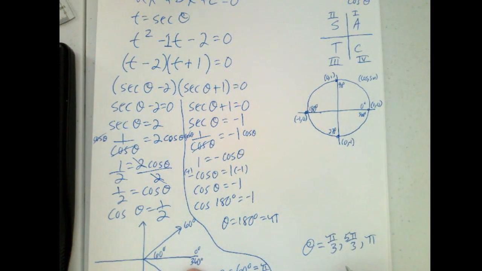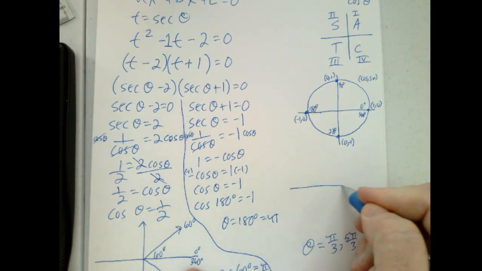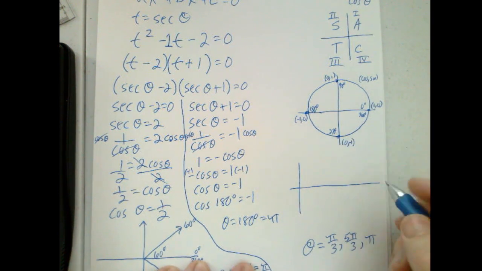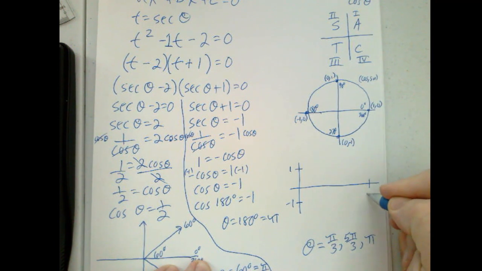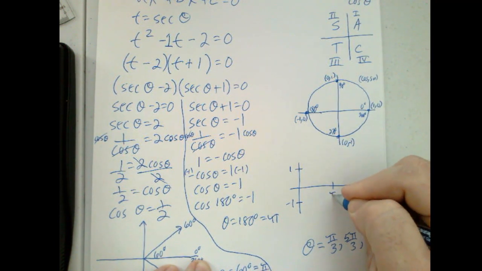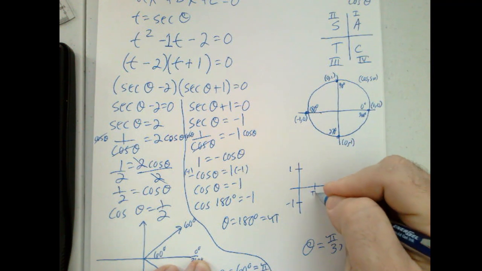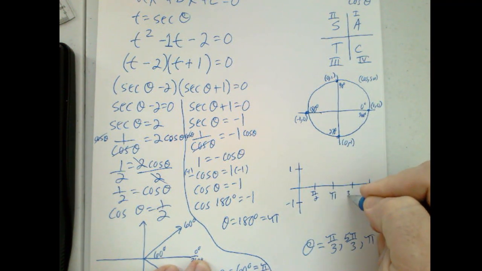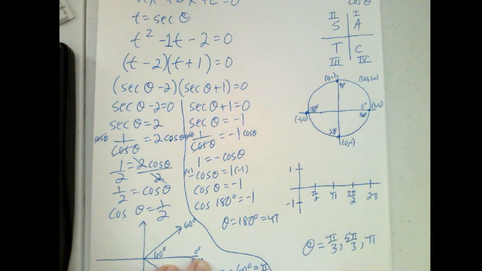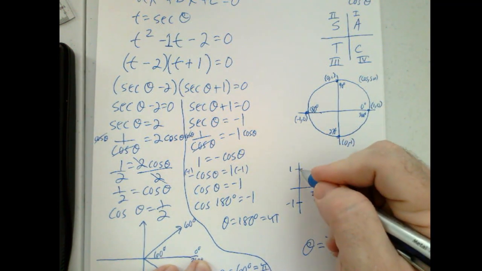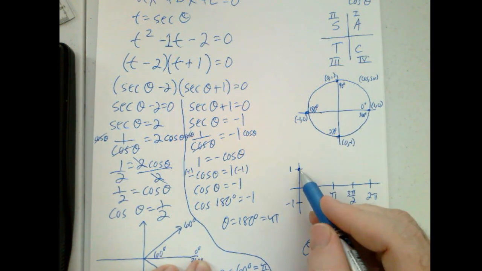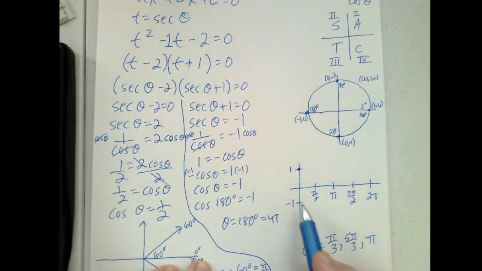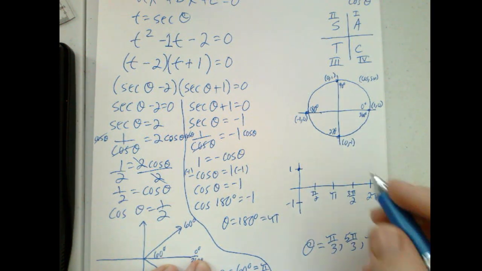Now if I were to go backing up a little bit, if I were to graph cosine, cosine is going to start right here at 1, at 0 degrees, because your x-axis is your degrees and your y-axis is your amplitude.